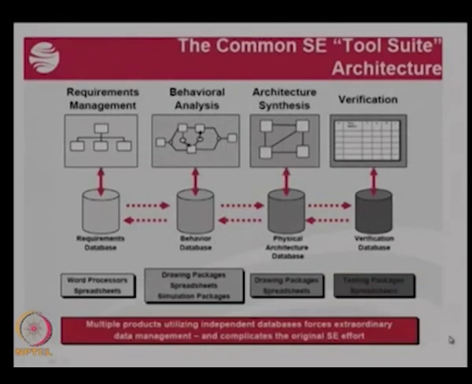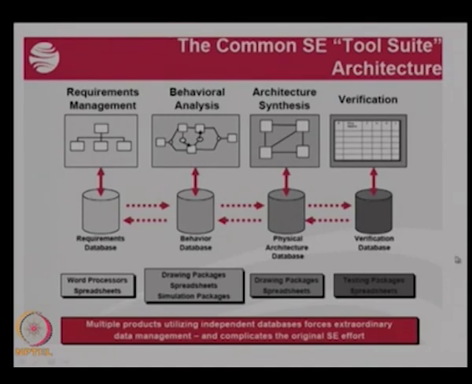So if you look at the common system engineering tool suite architecture, normally there will be a database for the requirements. This will be written as word processors or using spreadsheets. So all the requirements database will be developed, and there will be a behavior database in terms of the functions and functional interactions and interfaces, and then we will be having a physical architecture database, the components, subassemblies, and how they actually satisfy the functions, and then there will be a verification and validation database.